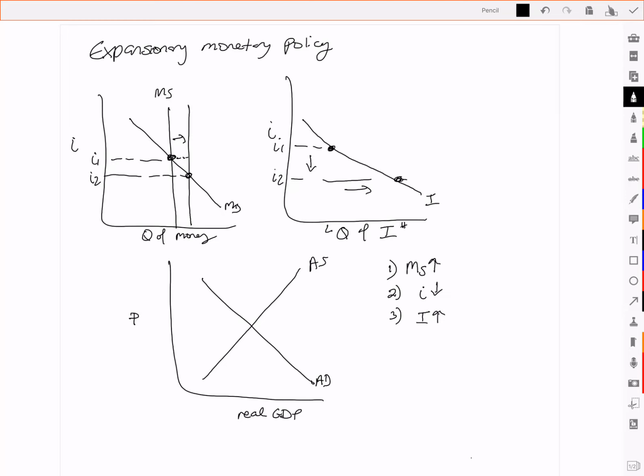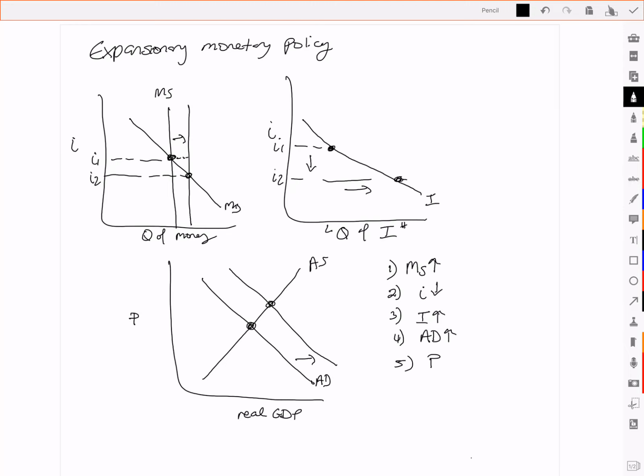Remember, aggregate demand comes from aggregate expenditures, C plus I plus G plus X minus IM. So if businesses are buying more things, then aggregate demand will increase. And if aggregate demand increases, then our equilibrium goes from here to here.